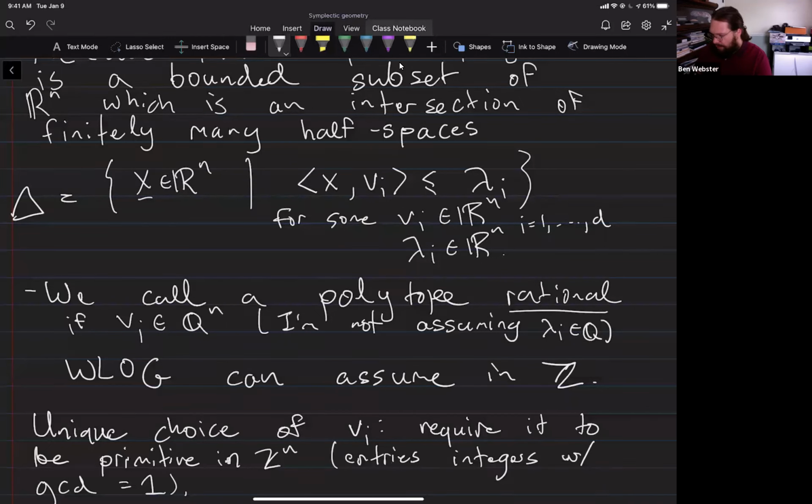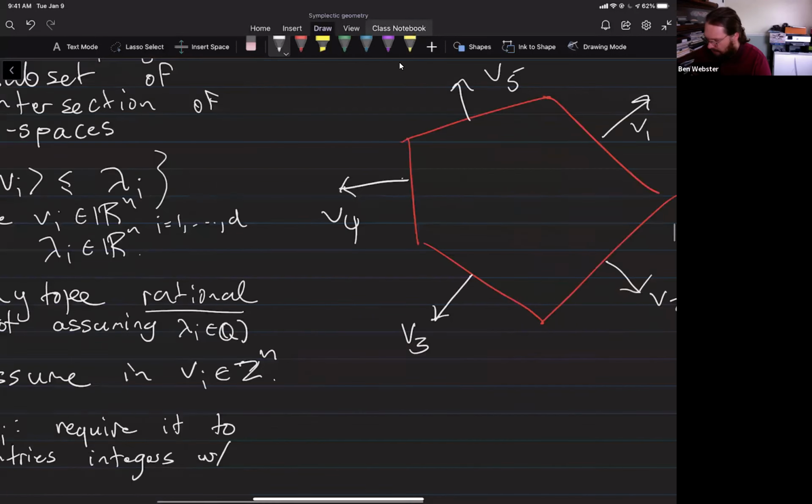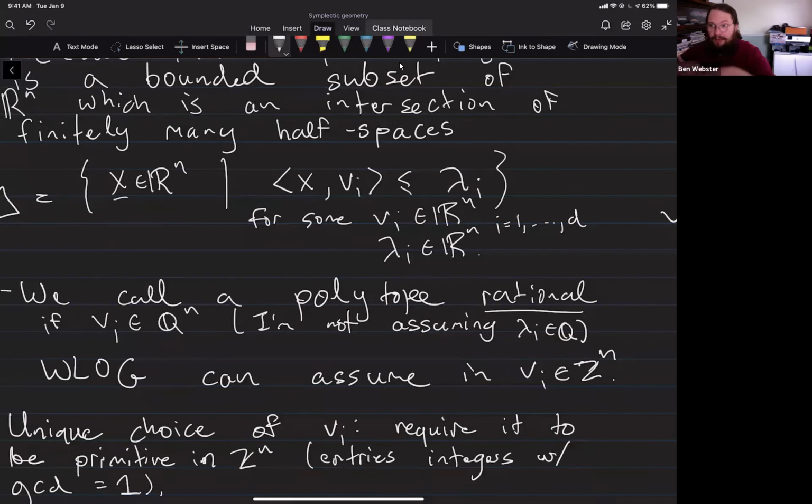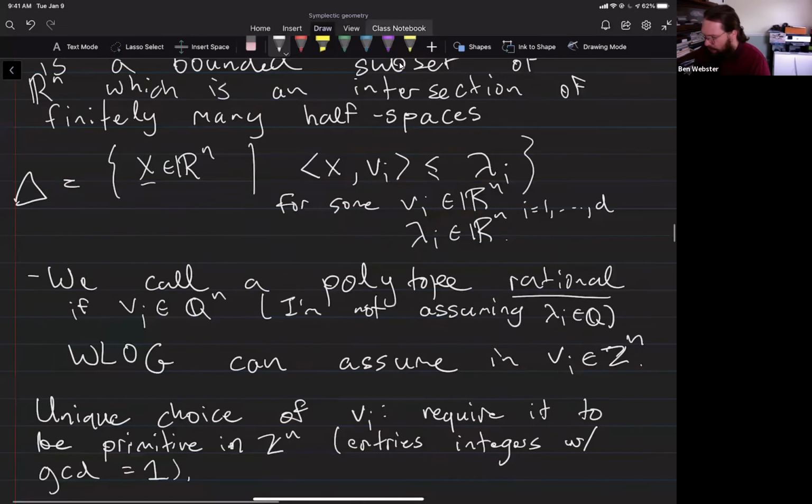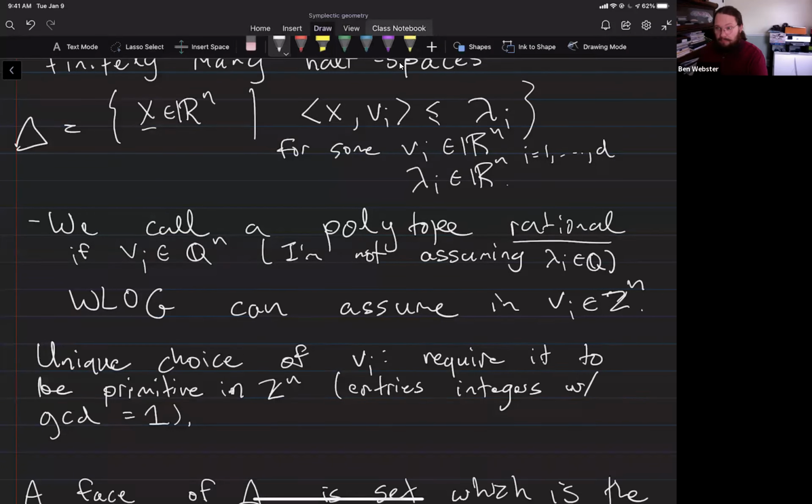And of course, without loss of generality, I can assume that my Vi's are in Z^n, just by multiplying them by a scalar to clear out the denominators. And there's a natural way to do this, which is to require them to be primitive in Z^n. So the entries have trivial greatest common divisor.